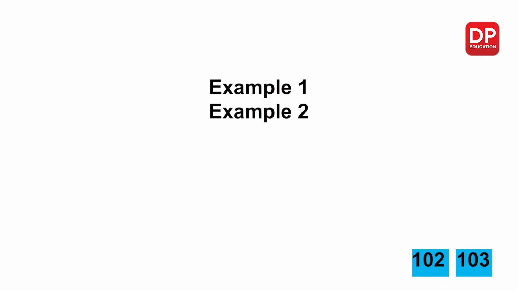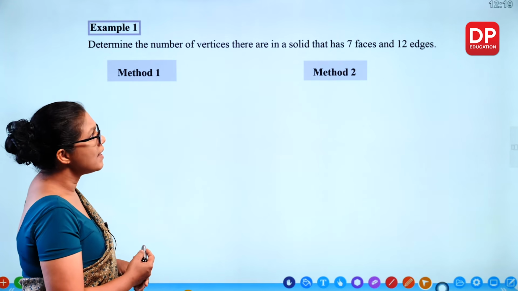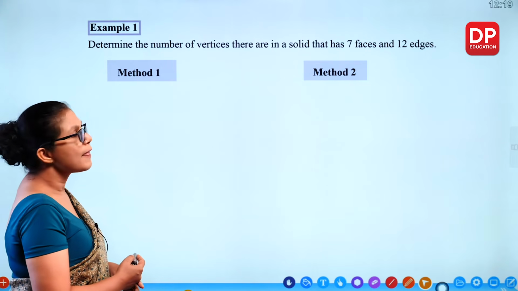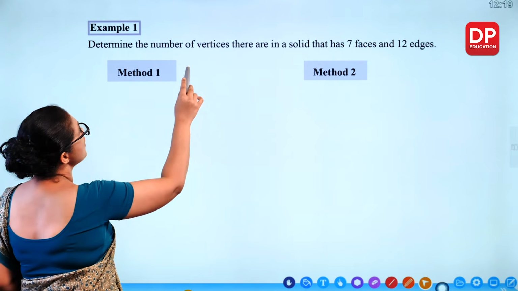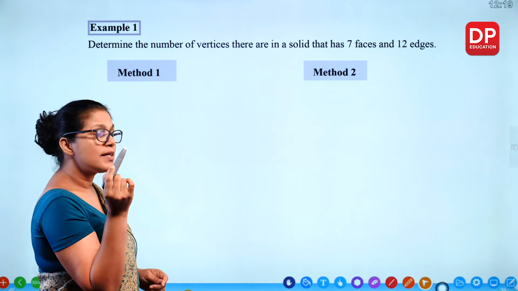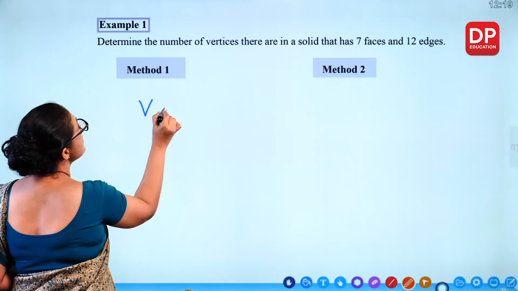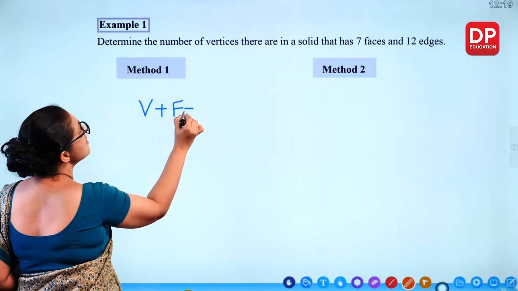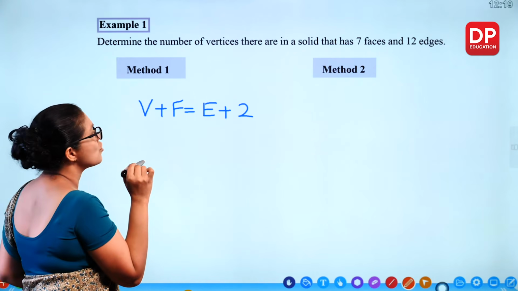Example number 1, determine the number of vertices there are in a solid that has 7 faces and 12 edges. So we'll do without making the subject as the vertices, just apply the formula. What's the relationship? Vertices plus faces is edges plus 2. That's Euler's relationship.